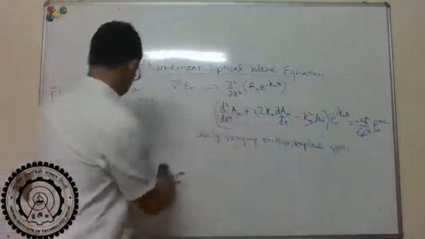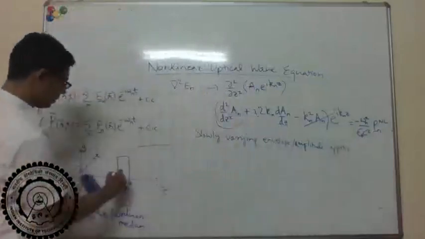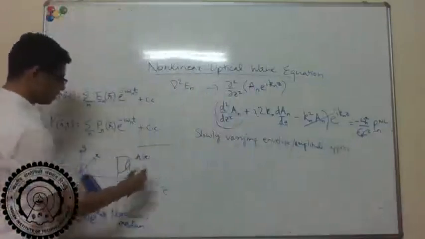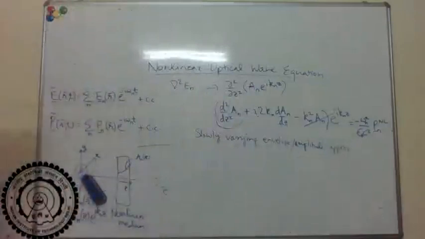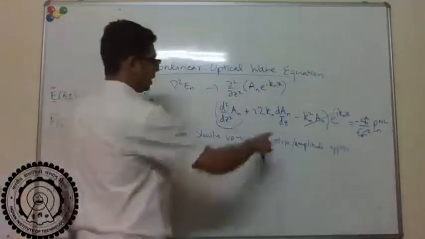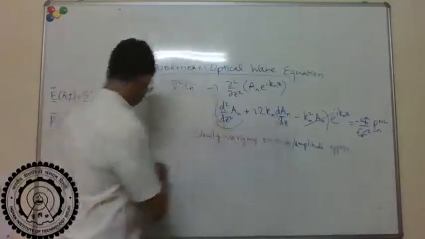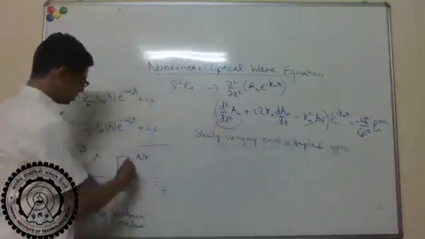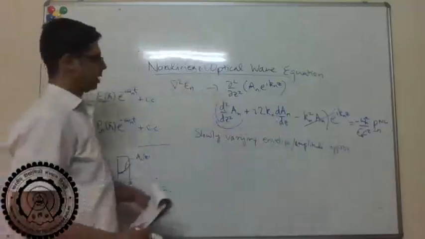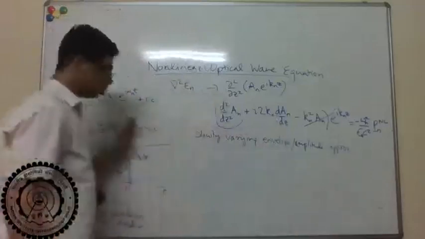If you look inside the medium, An, let's say, has some variation, this An of z. So dA by dz gives me the slope, the rate of change of the amplitude, and the double derivative gives me how the slope is changing.